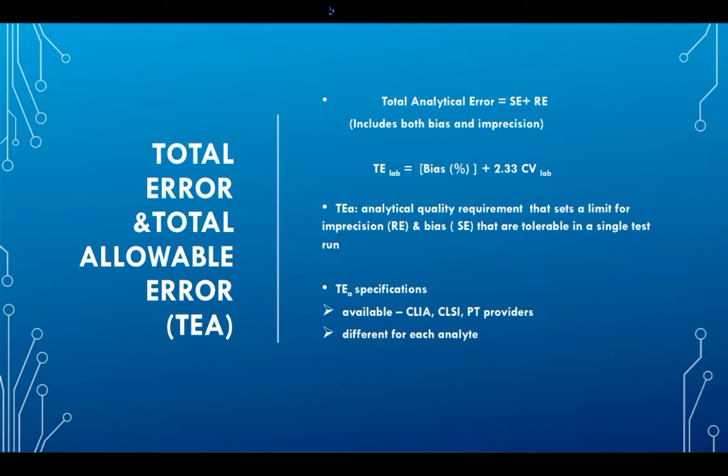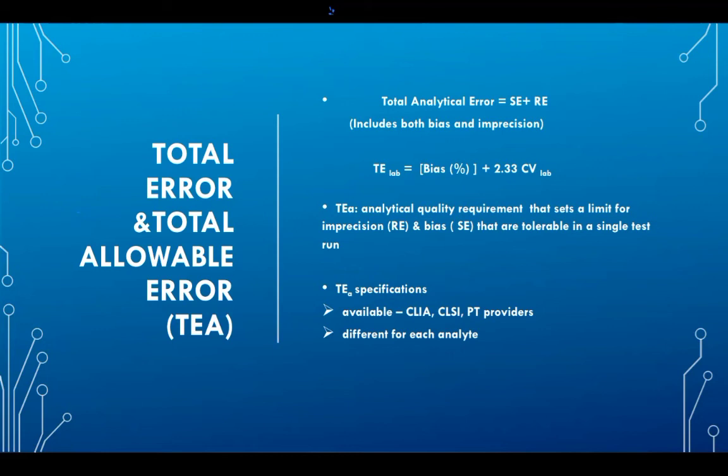Sometimes some references provide the value as TAE, total analytical error, and another term, TEA, total error allowable. Whatever it is, you have to understand one thing: total error allowable is provided to you in the references.